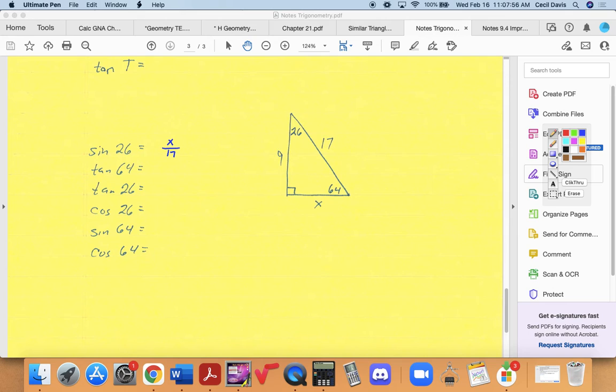Before we go on to the next one, starting on Friday we'll be solving that for x using your calculator, which is why it's important that you can solve proportions. All right, tangent of 64. Tangent is what over what? Opposite over adjacent. From the 64, what's the opposite leg? 9. And what's the adjacent leg? X.